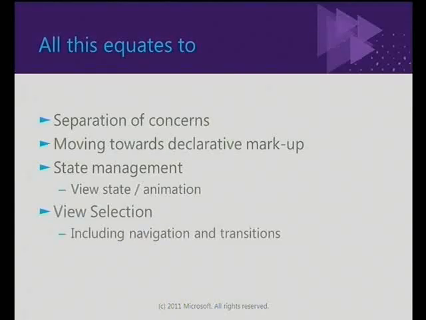Lastly, we're going to look at view selection. So mobile applications are advanced web applications with a lean towards mobile applications. They generally don't have multiple server calls or multiple pages downloading markup and extra code from the server.